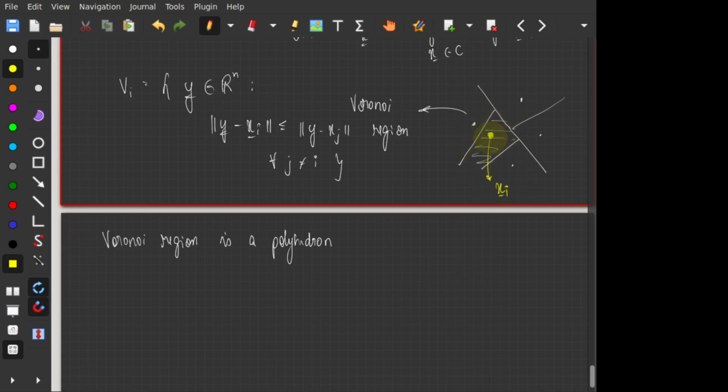So these points are closer to xi than any other point. That's sort of a global decision. You compare, you find the distances to all other points, and then you choose xi.